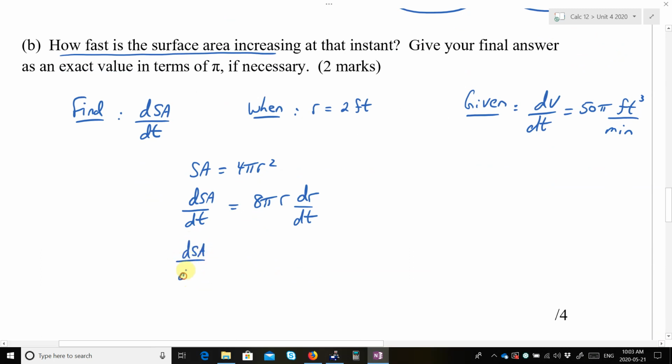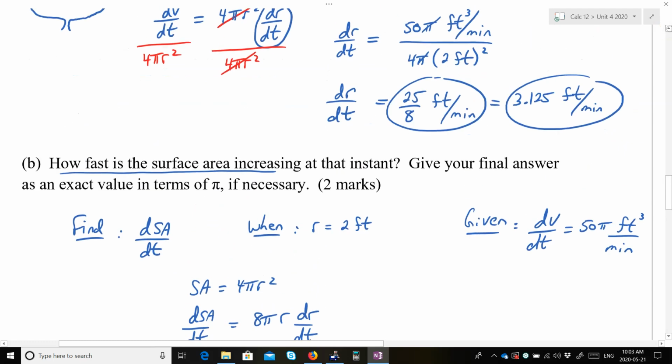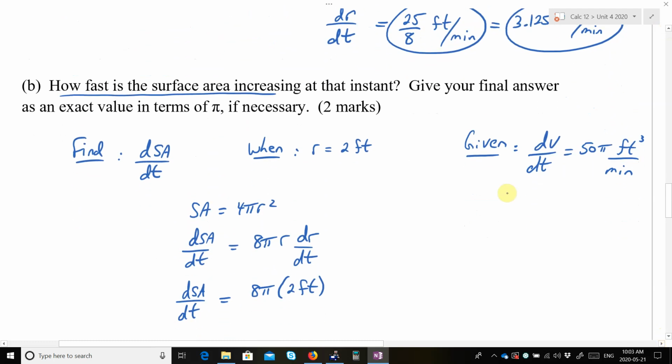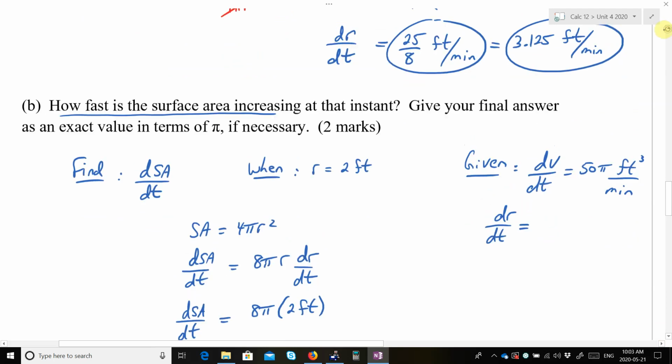Change in surface area with respect to time is equal to 8 pi times 2 feet for r, and the dr/dt is what we figured out up above, right? So it is given that the change in radius with respect to time at that instant of r equals 2 feet is 25/8 feet per minute.